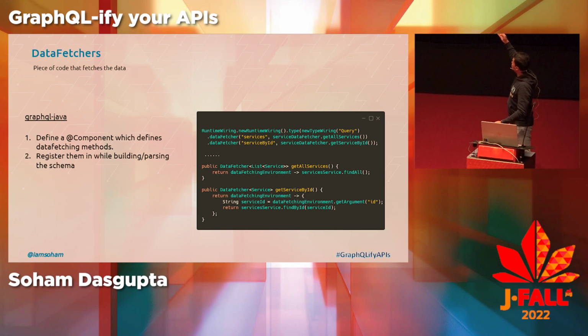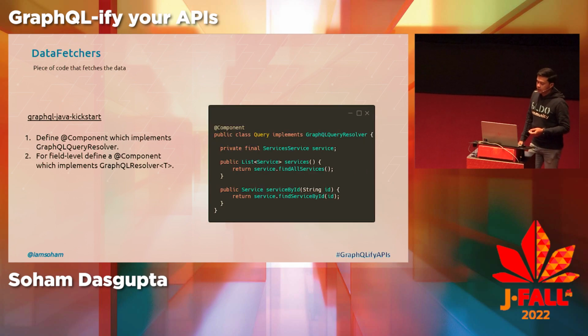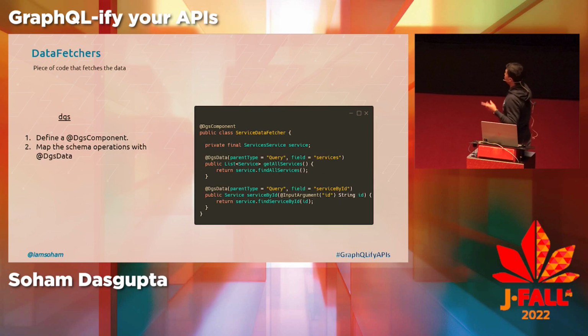If you look at the bottom method, it tells you what it does when it tries to query services. For Kickstart, a little bit different. You define a component, but you implement a query, as I showed you also. And then you define the method name same as what you defined in your schema. In DGS, you define the DGS data annotation and define it's a query and where this query maps to.